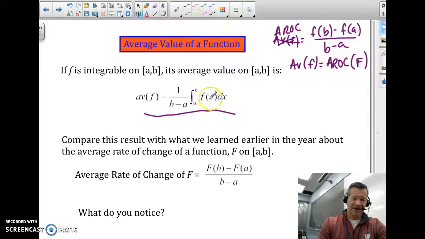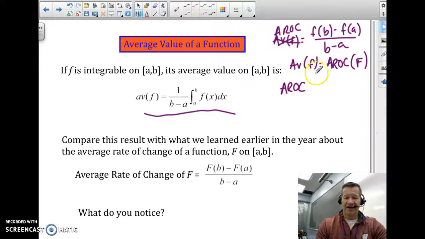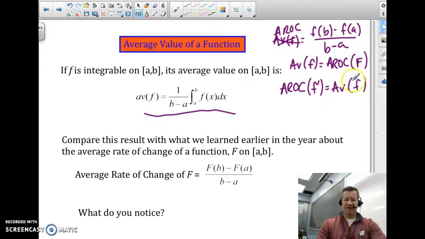I'm going to find the antiderivative of f, and then plug in a and b. Maybe a better way of saying this: the average rate of change of some function f prime would be the same as the average value of f. So they're not the same thing, but they're related.